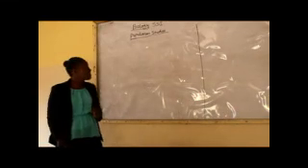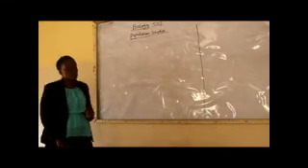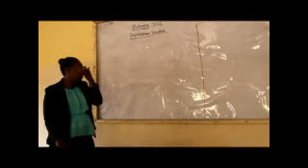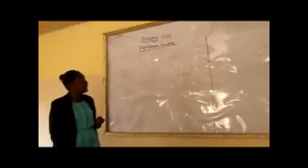Then, populations make up the communities in the ecosystem. So, in most ecosystems, the community is made up of many populations.